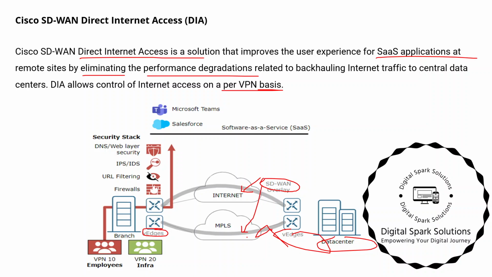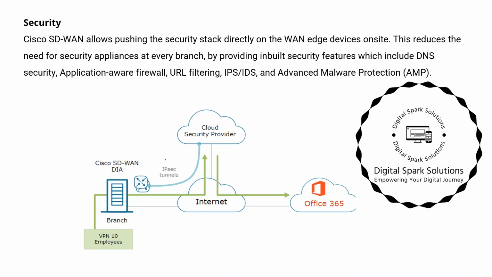Direct Internet Access, DIA, which allows branches to directly access the internet for cloud services, for example Microsoft Teams, Salesforce, without backhauling traffic to a central data center. Integrated security services: the architecture incorporates firewall, monitoring, and analytics for enhanced security and visibility. Centralized management: SD-WAN ensures that all locations are centrally managed, optimizing application performance and user experience. This setup provides a modern, flexible, and secure network solution that enhances access to cloud services and optimizes network traffic.